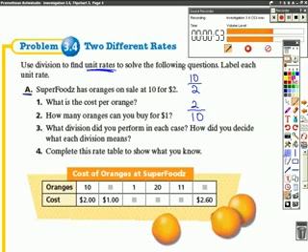And just to make sure that we don't get confused, we're going to label everything. The 10 represents the number of oranges. The 2 represents dollars. So again, $2, 10, number of oranges.